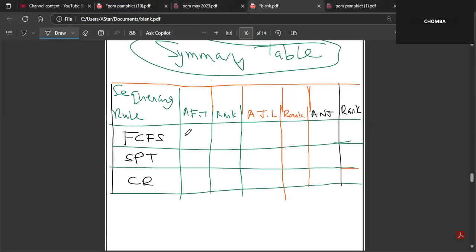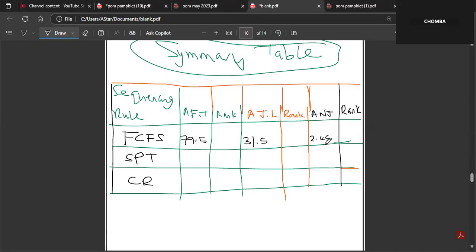For first come first served, you have 79.5. Average job lateness is 31.5. Average number of jobs in the system is 2.45.